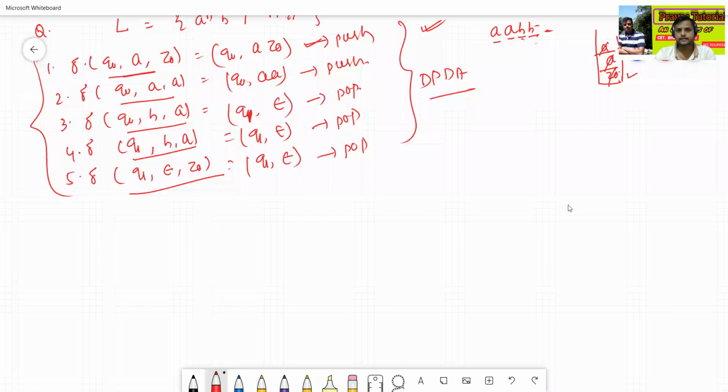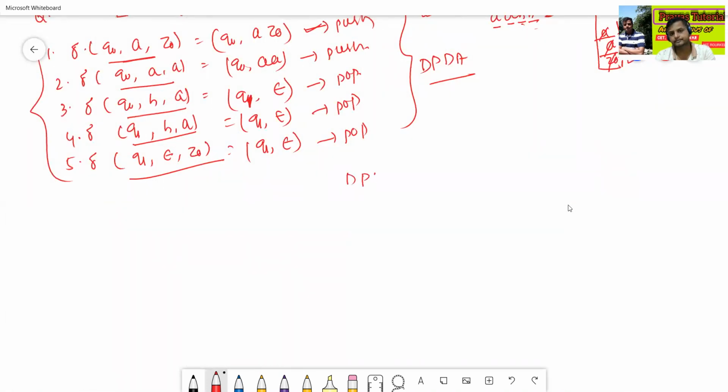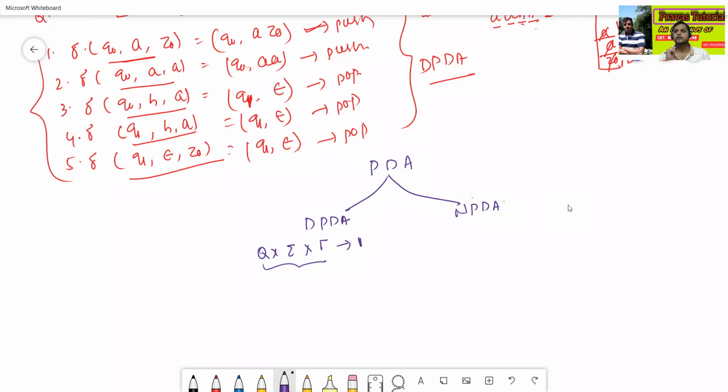Okay, so every push down automata is either deterministic, DPDA, or non-deterministic, NPDA. In the case of deterministic push down automata, for Q, sigma, tau, the input has only a unique operation: either a push operation, or a pop operation, or a skip operation, whatever it may be, but only one operation.